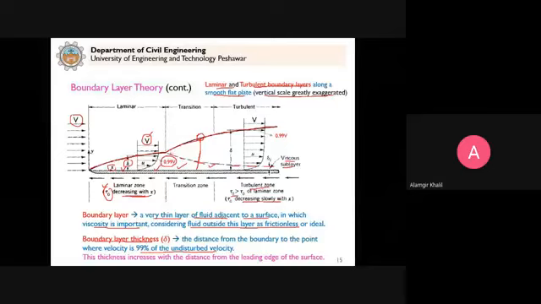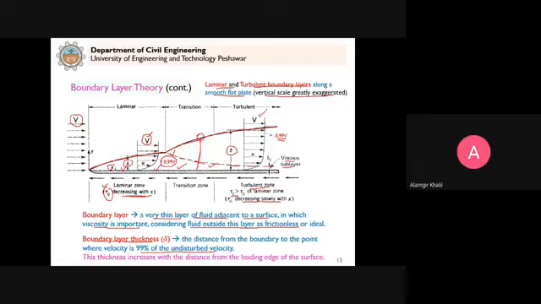So this is a definition which is adopted and given in fluid mechanics books: the thickness of the boundary layer in laminar flow or in transition flow is from the surface to the point where the velocity is 0.99 times the velocity of the free stream.